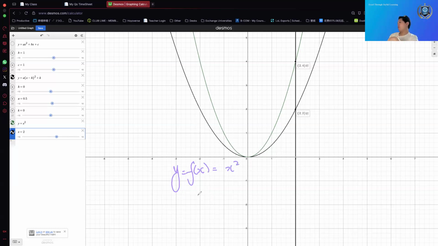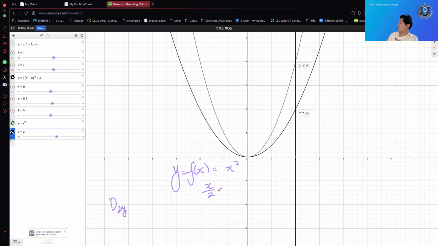Now, what happens when I change x to x on 2? I'll just tell you this. This is a dilation of 2 from the y-axis, which means I'm stretching it. Now, what will this do to x is that it will half x.